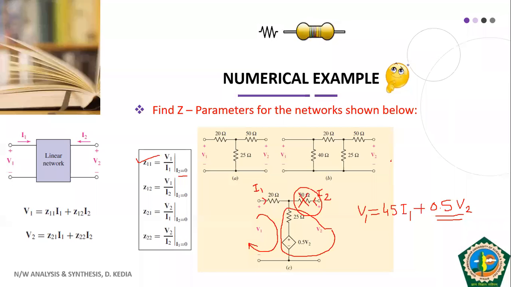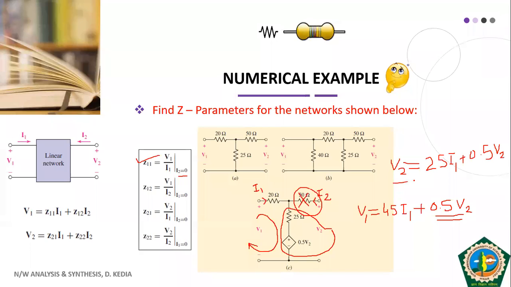So what will be V2? Your V2 will be equal to, now apply KVL here. V2 will be equal to 25 I1 plus 0.5 V2. This is what we have already discussed.